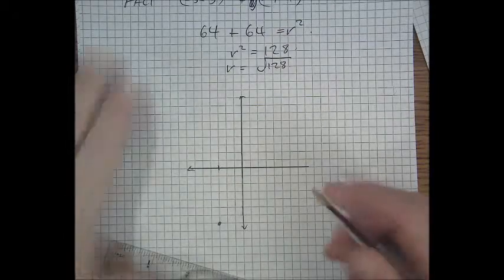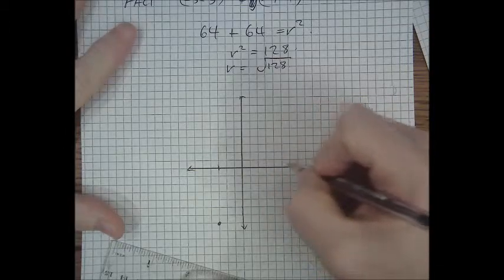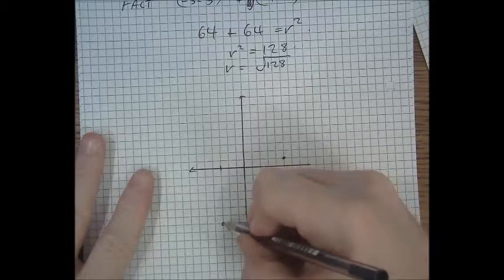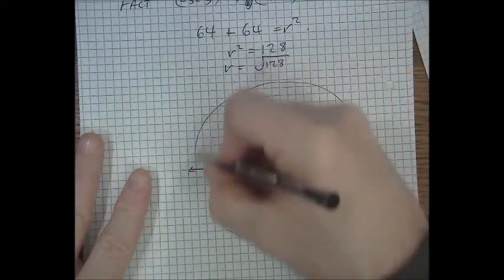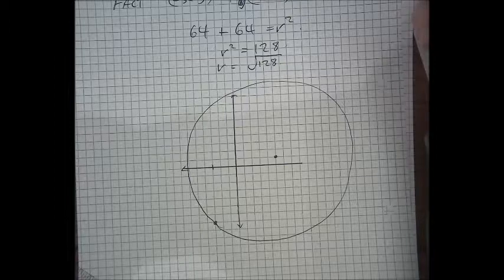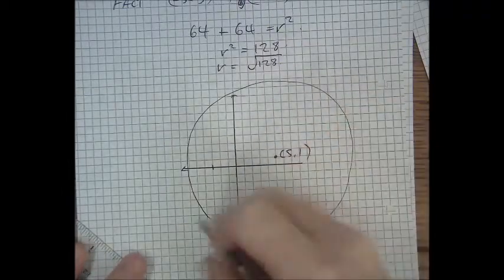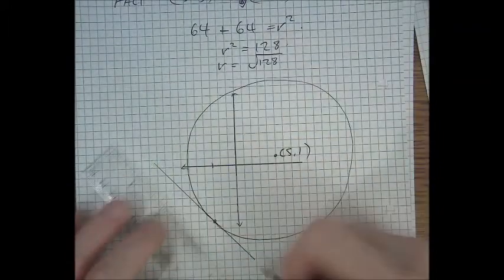The center of the circle was 5, 1 to there. So that's the center, and we've got a tangent here, and they want us to give the equation of that tangent.